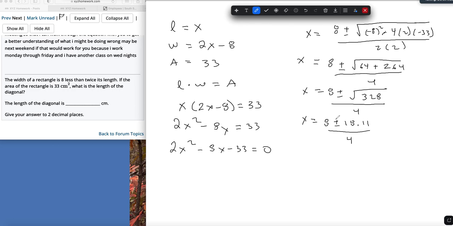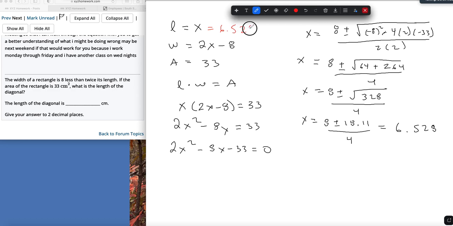I'm going to take an extra decimal place, because I think I'm supposed to round to 2, so I'm going to calculate it to 3, and hopefully that gets me a decent amount of accuracy. So that's my x, and it equals approximately 6.528.